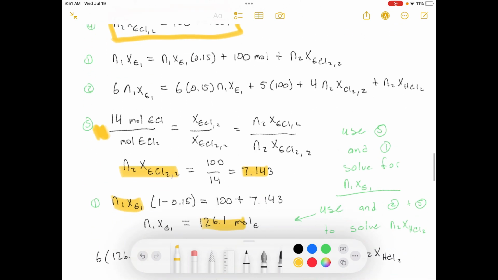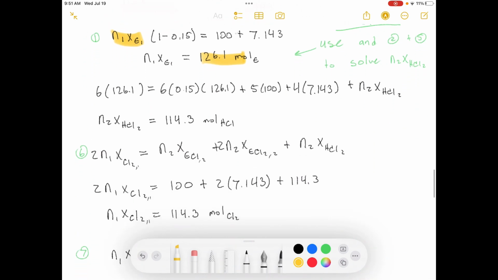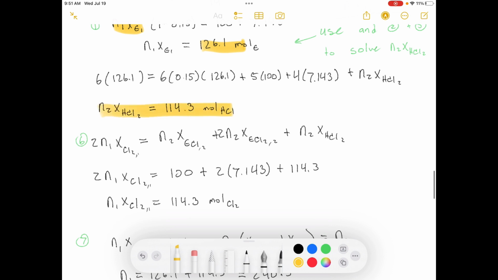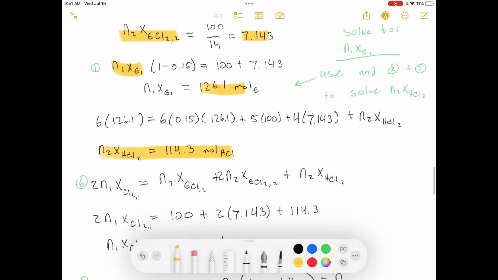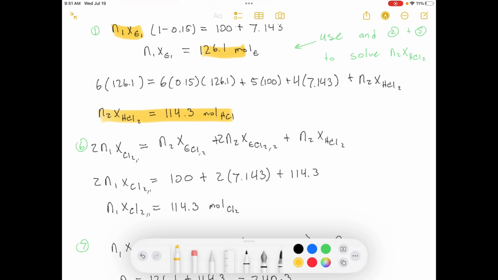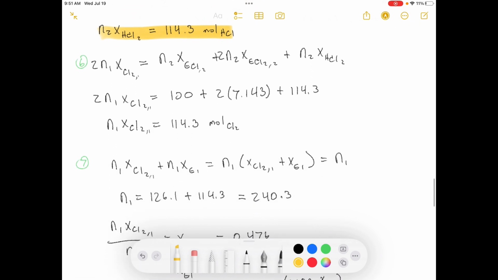And then we're able to calculate this, and you just kind of step through this, okay? And then you're able to calculate this. So you just kind of go through one at a time, solving for the variable.